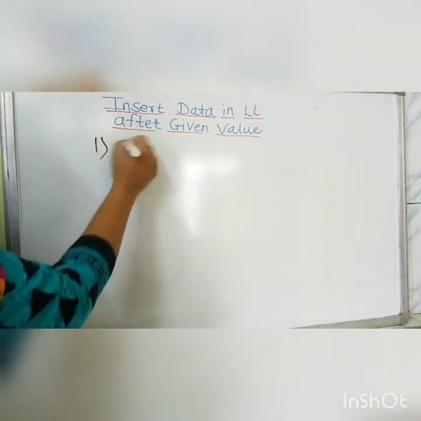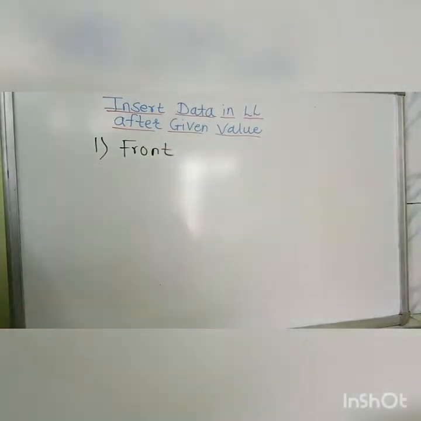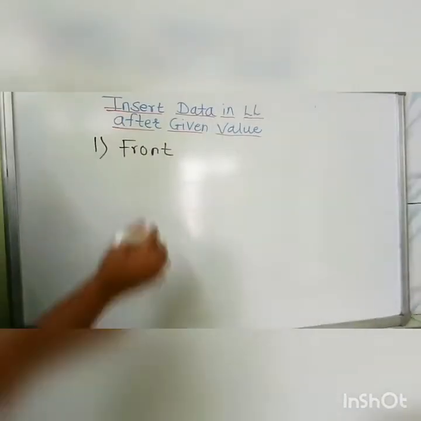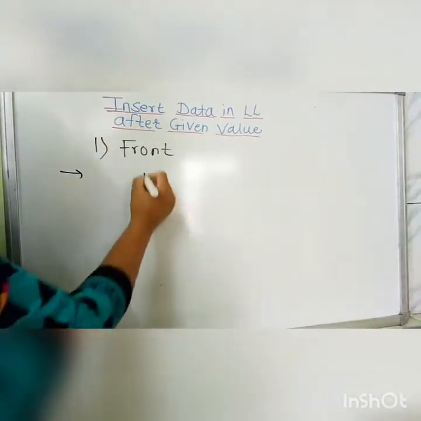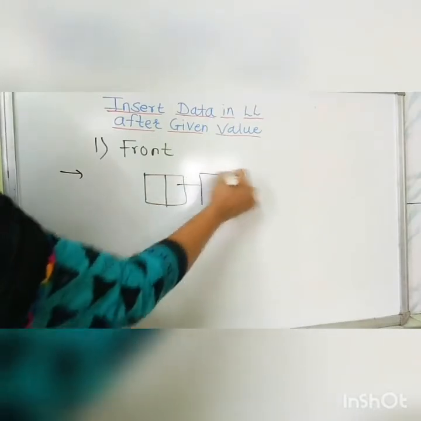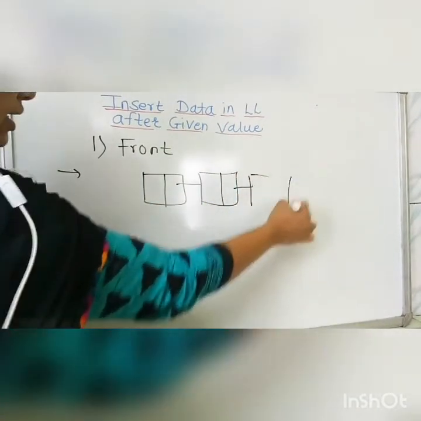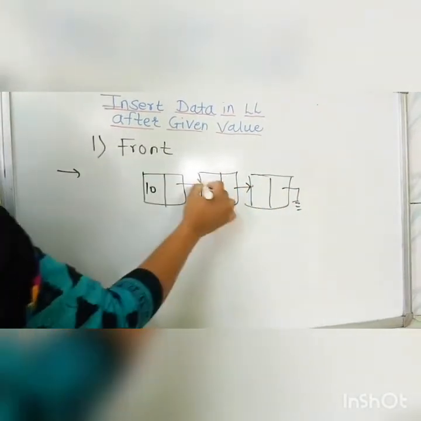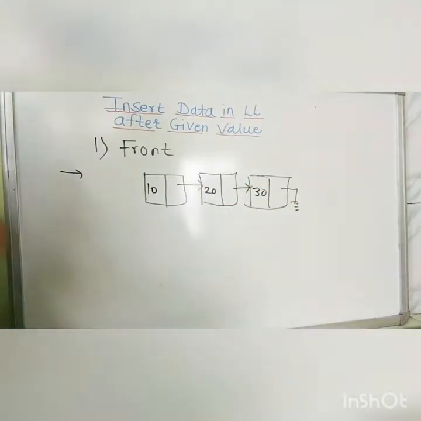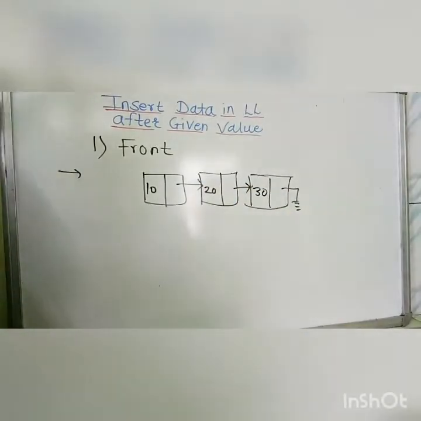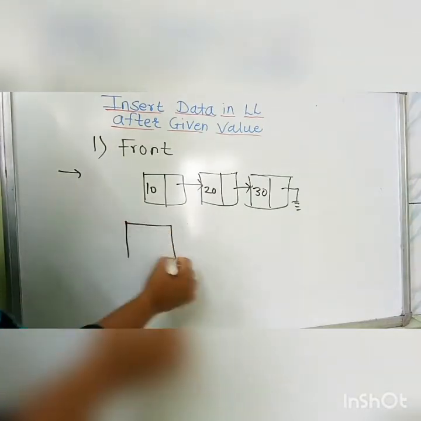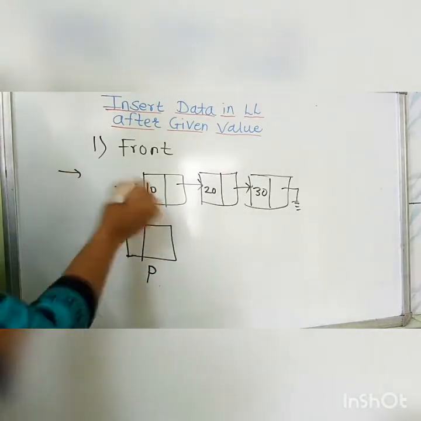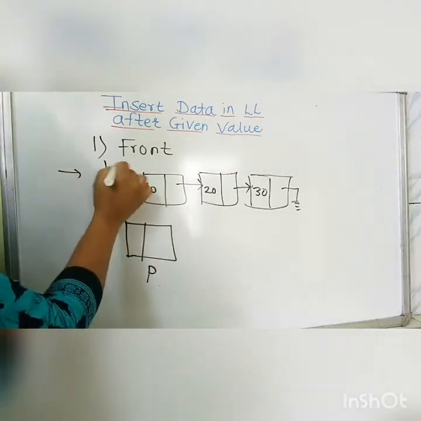First case is to insert the new data item at the front position of the linked list. How can this task be finished? Consider a linked list having, suppose, 3 nodes, each having a data element and a pointer to the next node. Now we have to insert the new node. Suppose this is P and we have to insert it into the first position, before the head node.